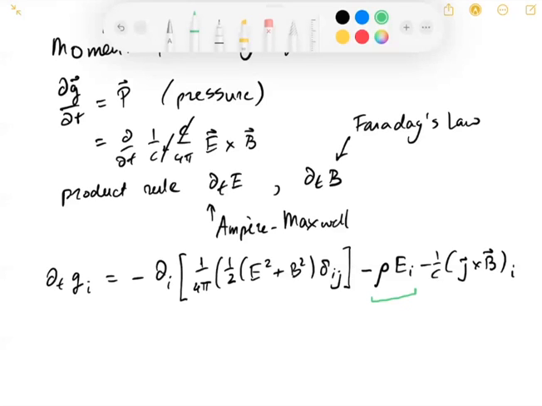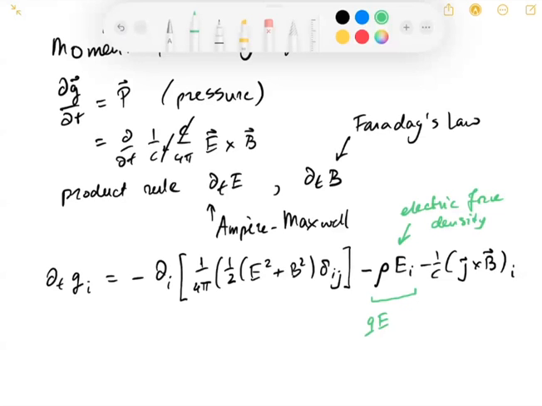So, you know, compare this to, let's say you have a Q times E. We know that Q times E gives you a force. So this is not force, but it's force density, because instead of a Q, we have a rho. Okay, so this is electric force density.